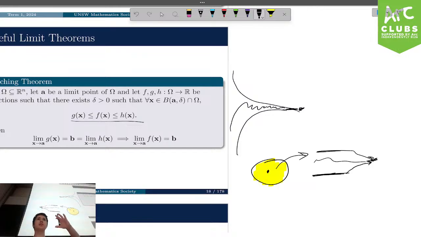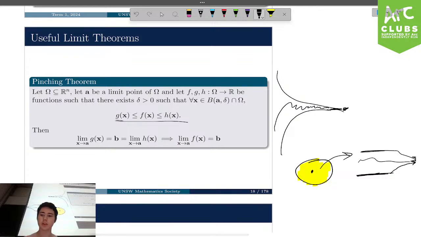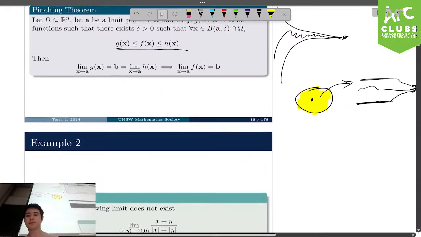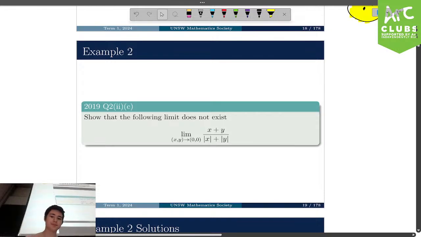So it's kind of bringing this to an n-dimensional space where we deal with f of x, g of x, and h of x in some manner of ordered fashion, sandwiching f of x, okay? Nice. This will lead us into an example.